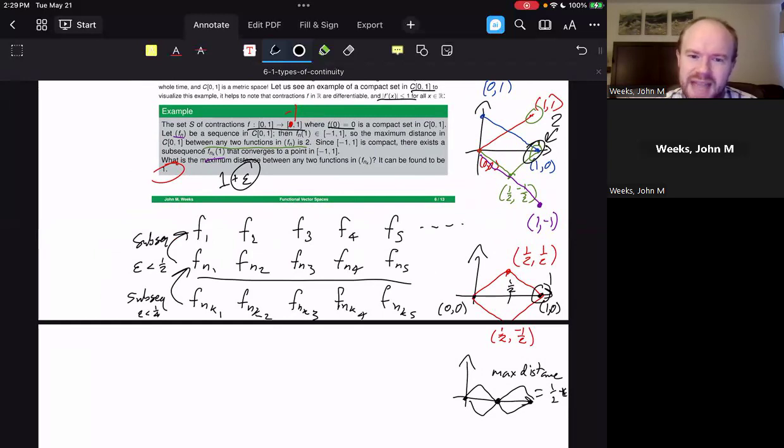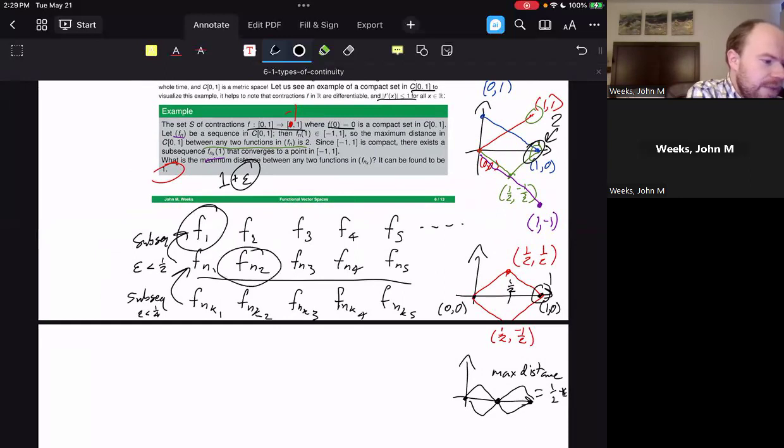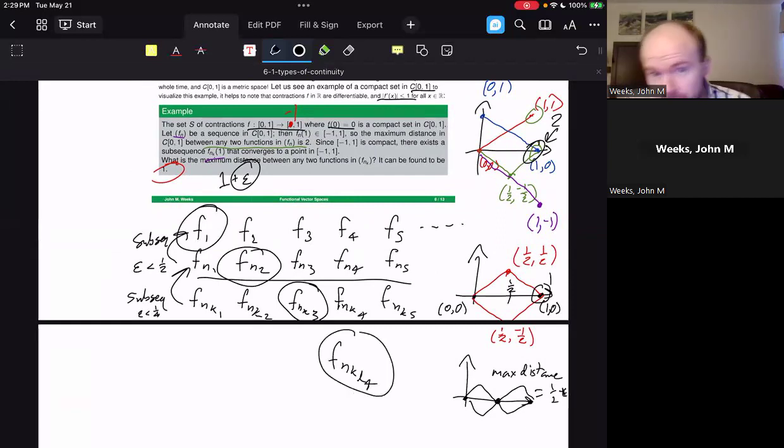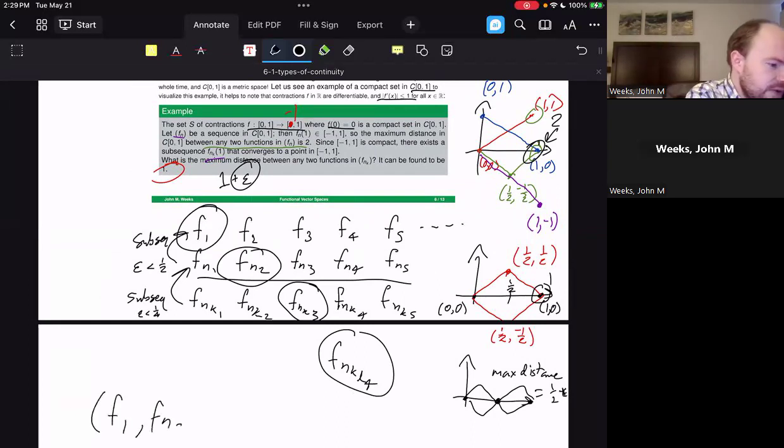It says, I'm going to take a subsequence like this, f sub n1, f sub n2, f sub n sub k sub 3. And then if I kept going to another subsequence here, this would be f sub n sub k sub l sub 4. And I'm going to consider this subsequence of functions. This is known as diagonalization.